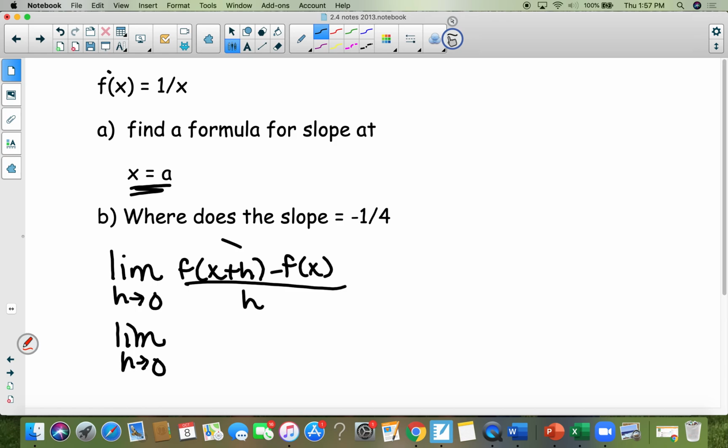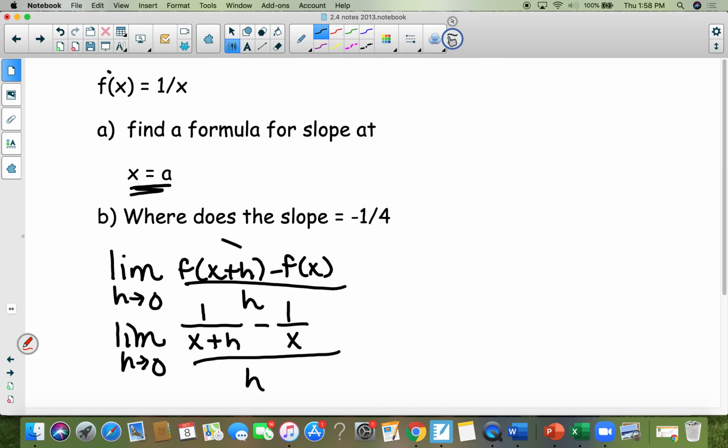So isn't it going to say 1 over x plus h, minus, because in place of all the x's you have to put x plus h, minus what f of x is, which is 1 over x, which is still all over h.